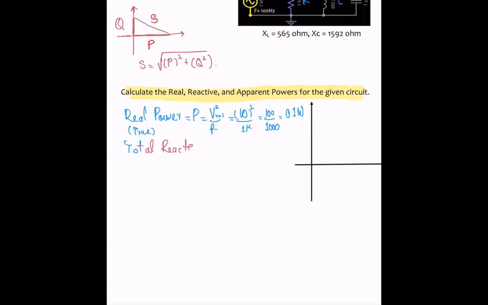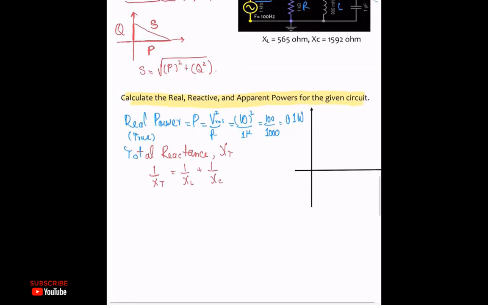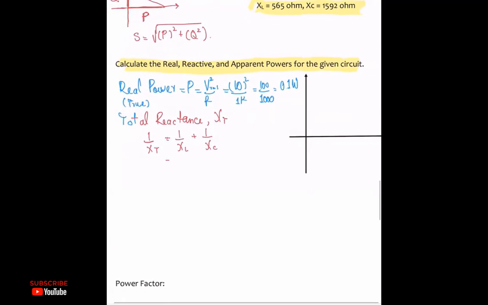Total reactance, which will be XT. Because it's a parallel circuit, the total reactance is 1 over XT equals 1 over XL plus 1 over XC. XL and XC are given over here.